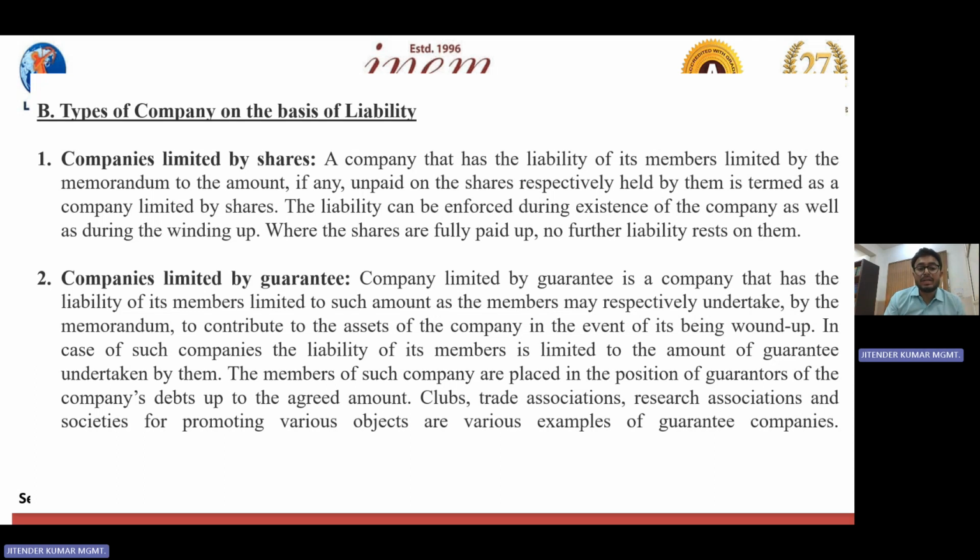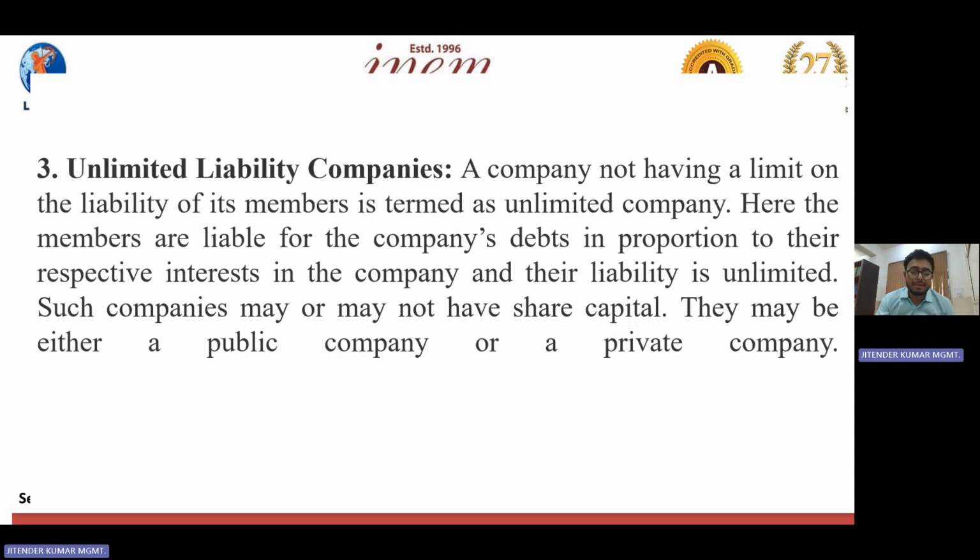If we talk about the company limited by guarantee, that means a company where the liability of its members is limited to such amount as the members may respectively undertake by the memorandum. So these are the companies limited by guarantee. Further, we move to unlimited liability.